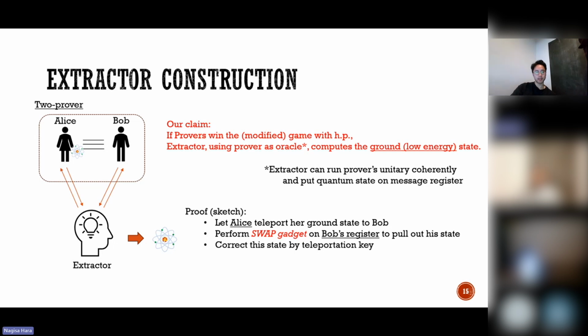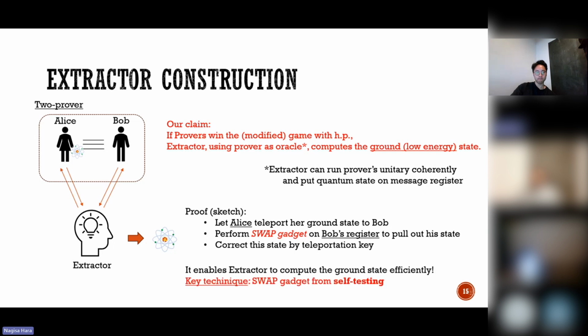And then finally, the extractor corrects this state by the teleportation key. So in this way, it enables the extractor to compute the ground state efficiently. And then we prove the claim. The key technique here is the swap gadget in the second line. But this actually comes from the self-testing property of this proof system.